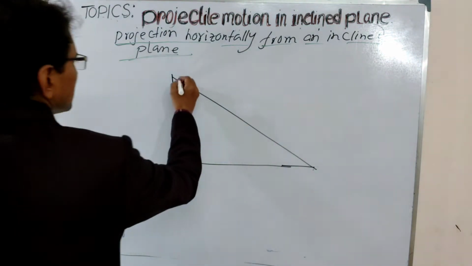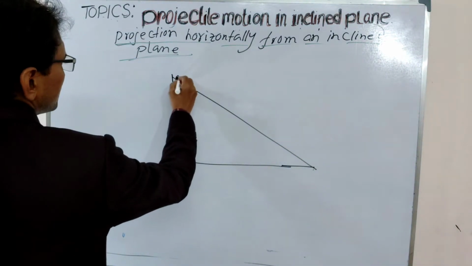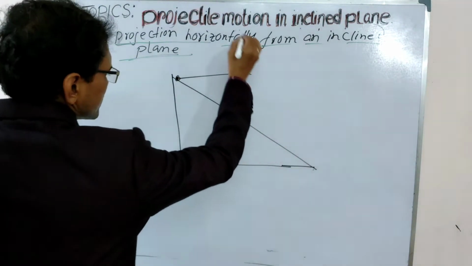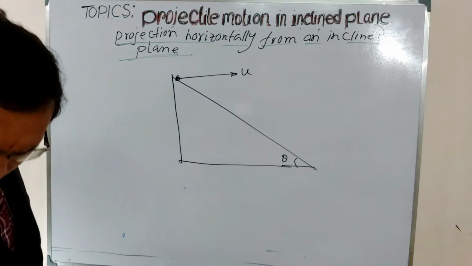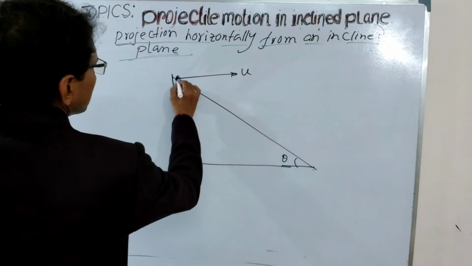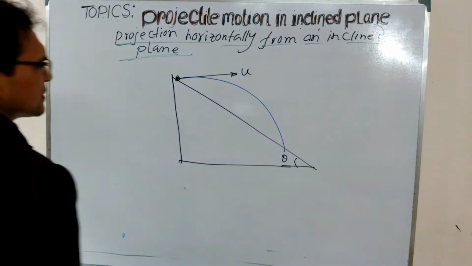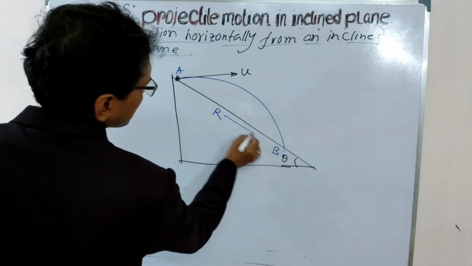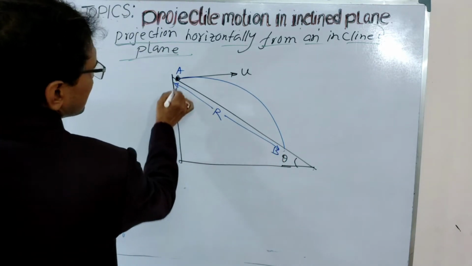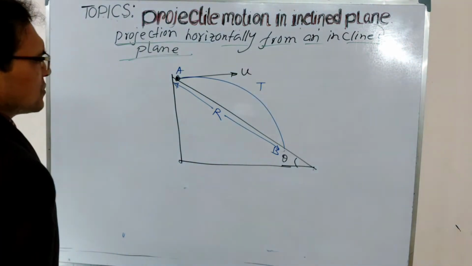This is a plane. Now we throw the body with velocity u horizontally. This is theta. Now the path will be like this. This is the path, so A and B. This is the range, and this is the time of flight.